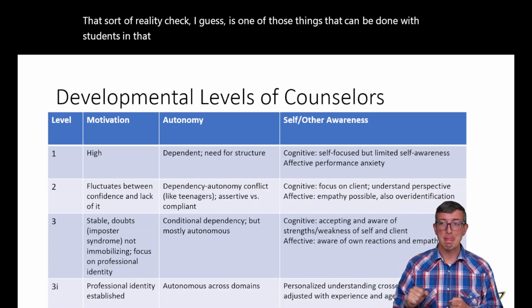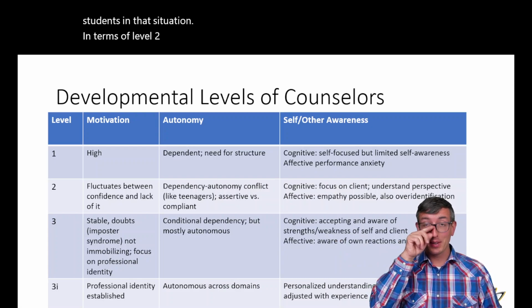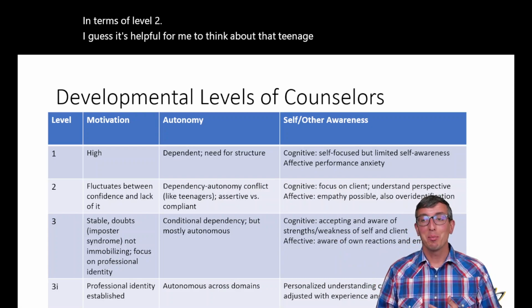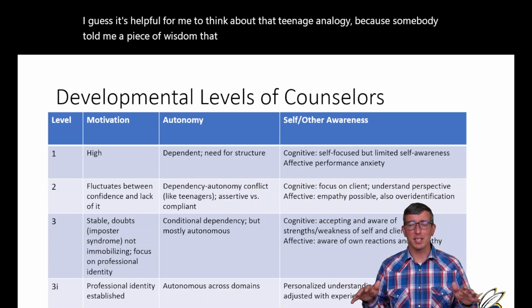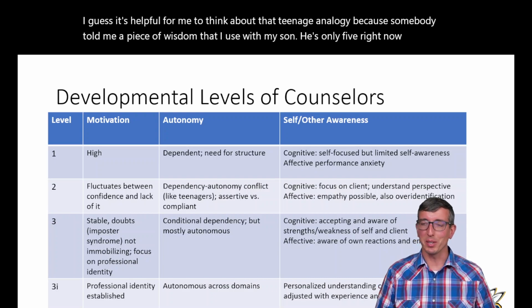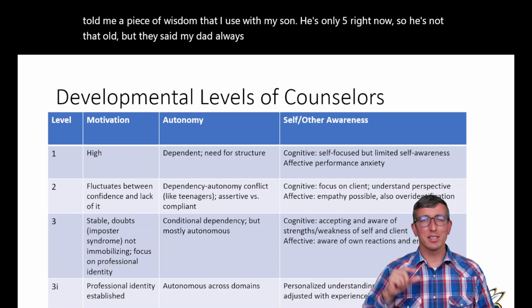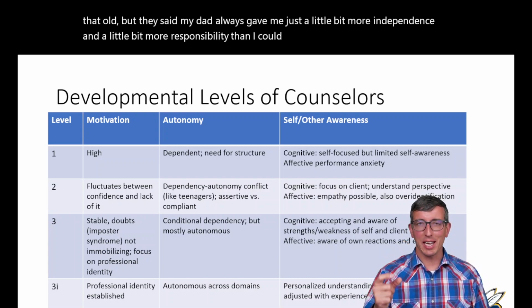In terms of level 2, I guess it's helpful for me to think about that teenage analogy, because somebody told me a piece of wisdom that I use with my son. He's only 5 right now, so he's not that old, but they said, my dad always gave me just a little bit more independence and a little bit more responsibility than I could actually handle.